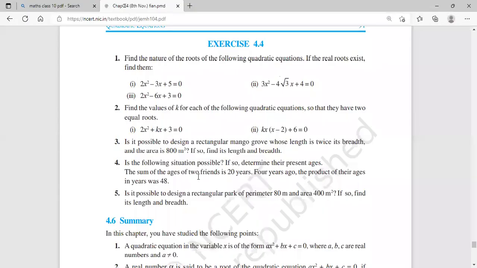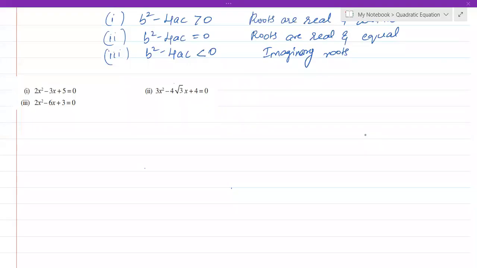The last exercise: find the nature of roots of the following quadratic equations. Let's find the nature of roots. In the first question, the first step is to find the values of a, b, c. The question is 2x square minus 3x plus 5 equal to 0.